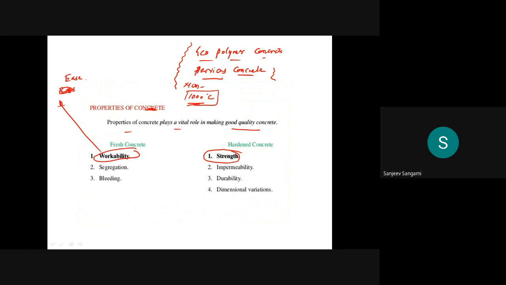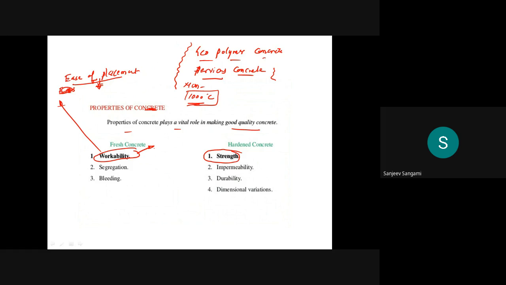So workable means the ease of placement. Once you prepare any mix design, it should be easy for placement. So this you have to remember. Once it is easy for placement, what fresh concrete are we talking about?